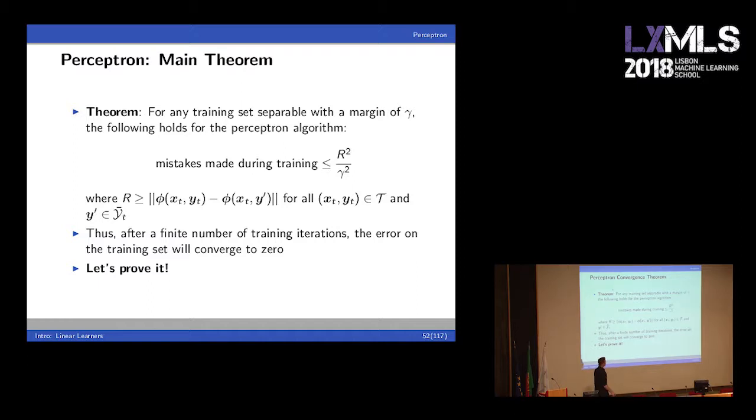Okay, so the convergence theorem says: if we assume that our feature vectors are of size r, so our feature vectors are always these difference vectors of the gold standard versus the prediction feature vector, so the norm of the feature vector is of size r, then the number of mistakes during training is bounded by r squared divided by gamma squared.